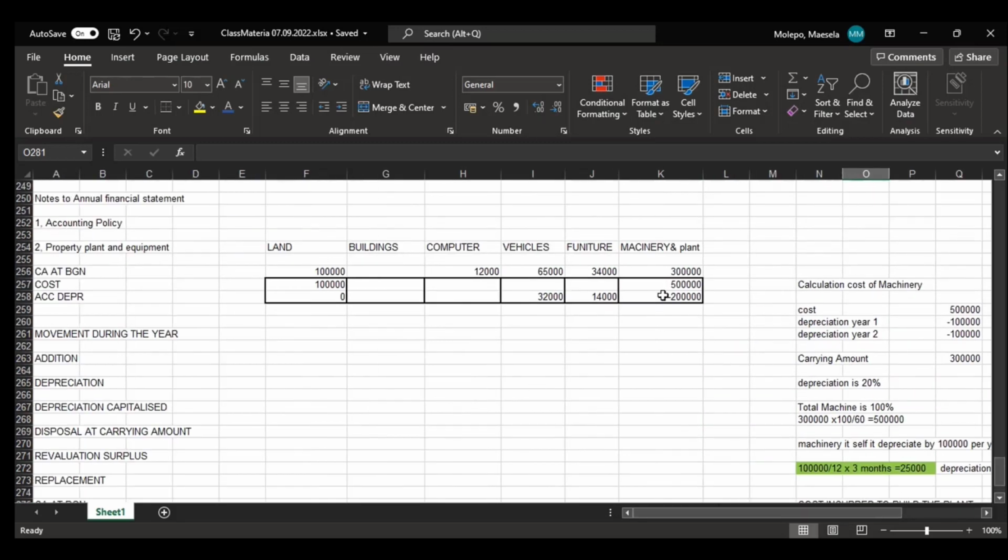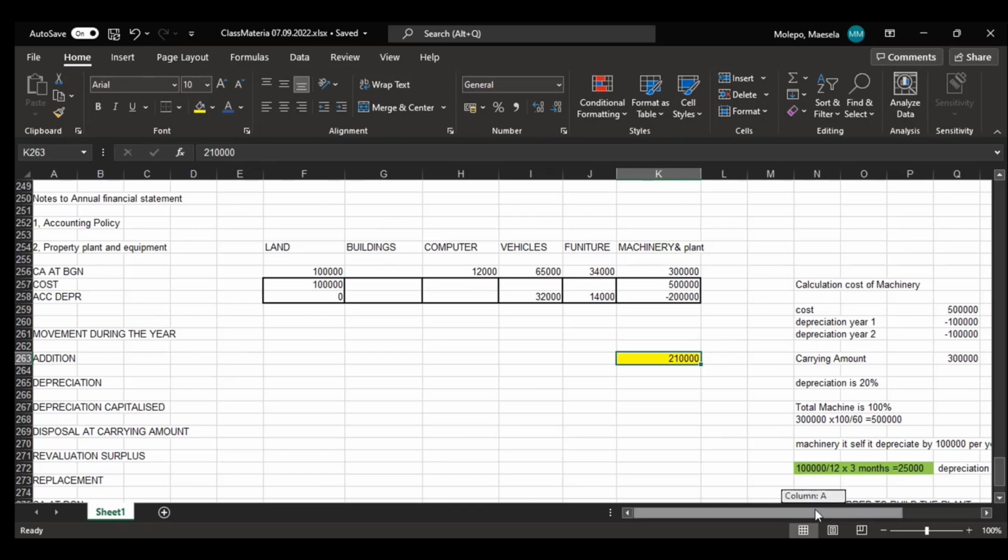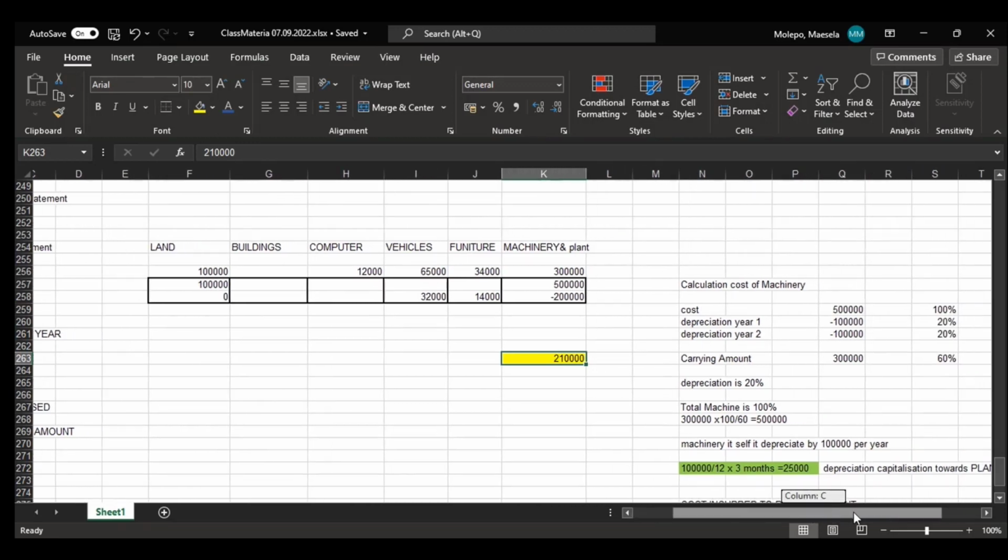Whatever information we were saying, we're going to put as addition here. Remember, it's also going to go to this column, because here is machinery and plant. It's going to go here as addition of 210. We are still fine. Yes, sir.